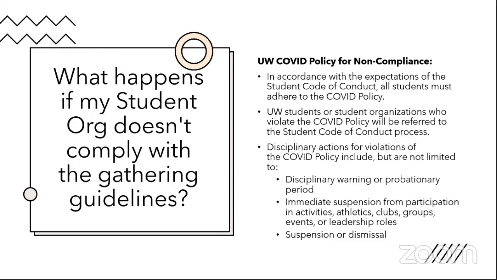And if you violate this, you will be referred to the following process, which is that disciplinary action for violation will include warning or probationary period, immediate suspension from participation in activities, athletics, clubs, groups, events, or leadership roles, and it may result in suspension or dismissal.